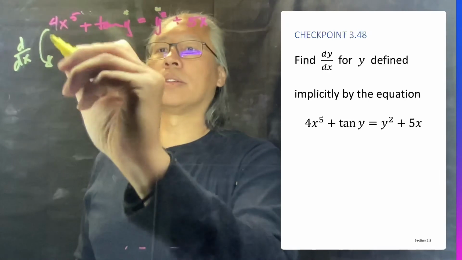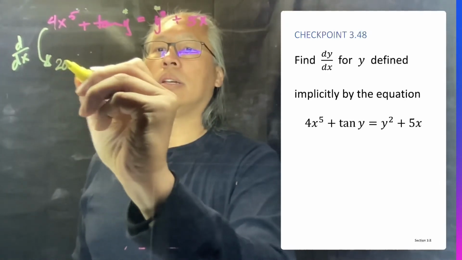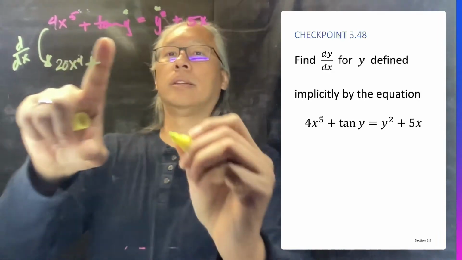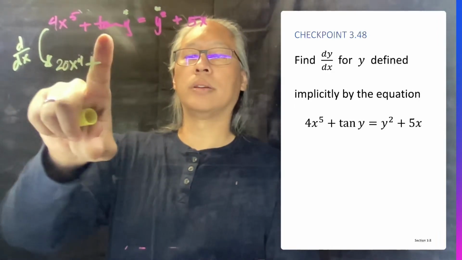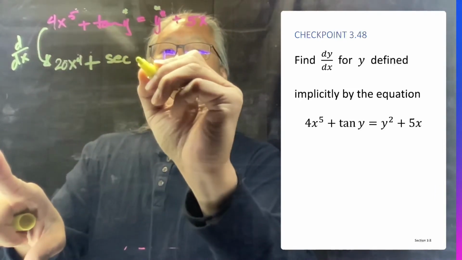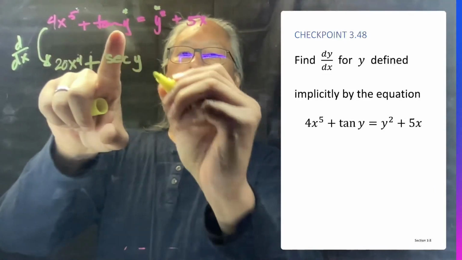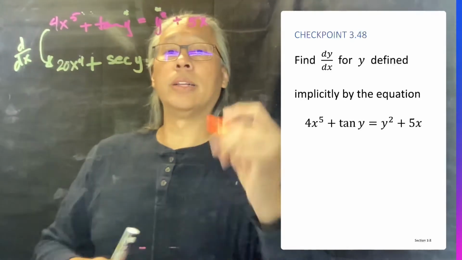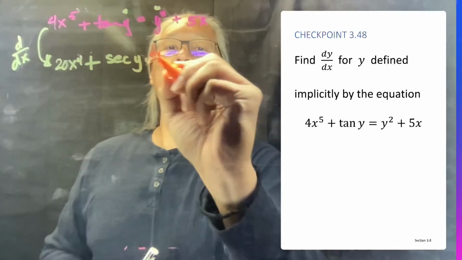The derivative of this is going to be 20x to the fourth plus, so there's a y here, so the derivative of tangent is secant squared of y, whatever is inside, and here we have to tack on the dy/dx.